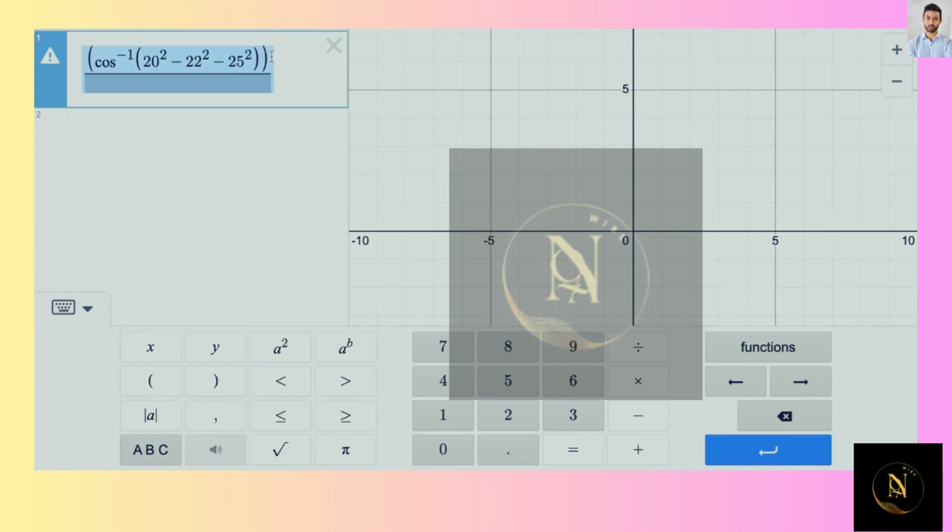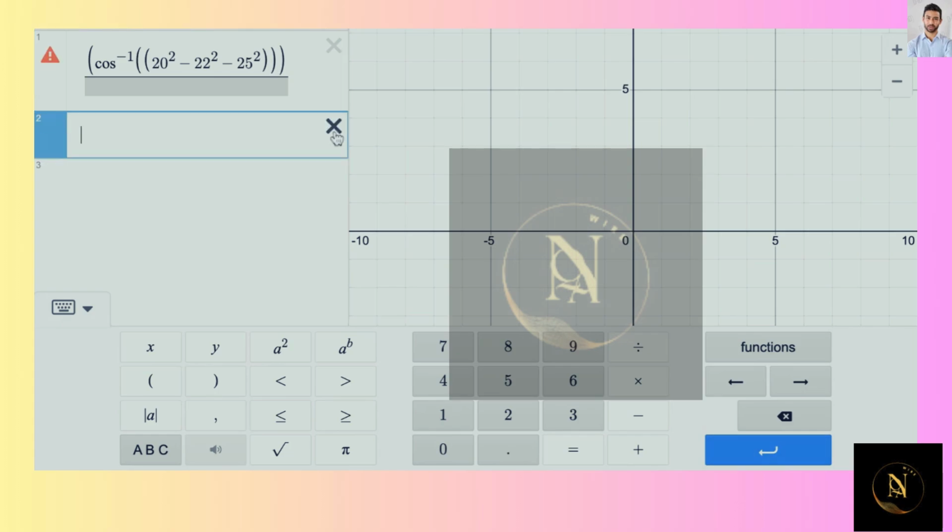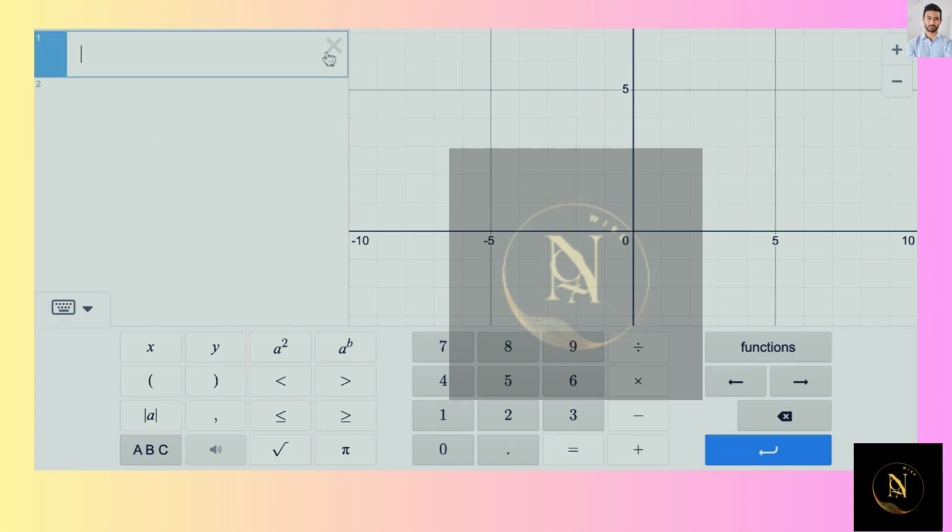I actually started putting that in incorrectly here. I'm just going to start that again. As I said, it can be handled easily.